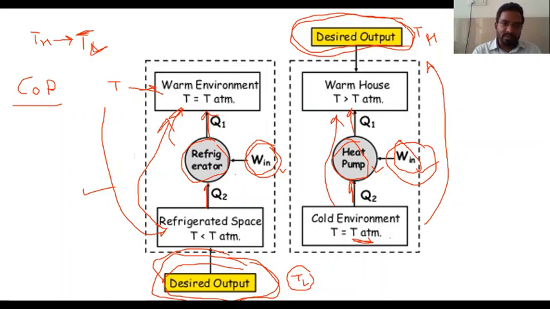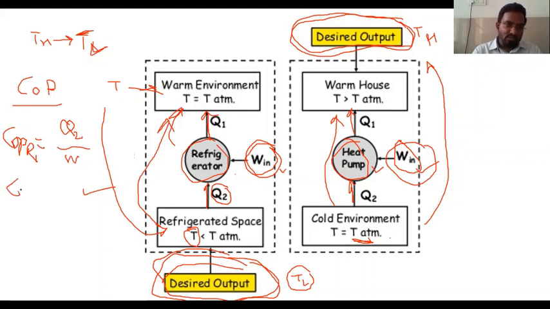Now, in case of refrigerator, the desired effect is the amount of heat extracted from the low temperature body, or the temperature maintained of that low temperature body. So COP of refrigerator is equal to Q2, that is desired effect, by work supplied.